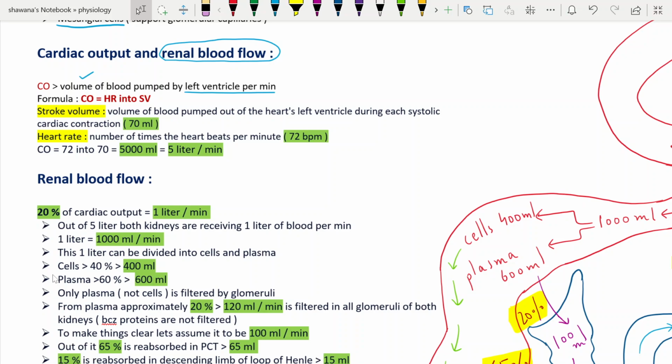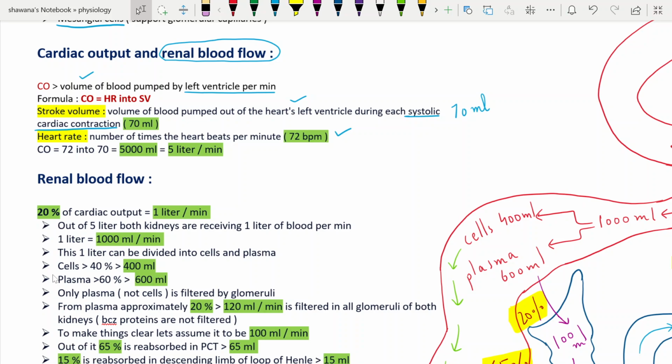Heart rate, as you all know, is approximately 72 beats per minute. What is stroke volume? It is the volume of blood pumped out of the left ventricle during each systolic cardiac contraction. It means that each time the heart beats in a systolic contraction, the amount of blood pumped out of the left ventricle is approximately 70 ml.